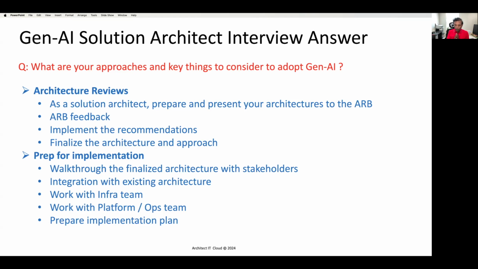And schedule a call with the architecture review board. Every organization has a facility or capability like an architecture review board. In that architecture review board, you can see the enterprise architect, the data architects, and lead architects of all the areas, whether it is business, data, technology, or application architect. So all these lead architects will be part of this architecture review board.